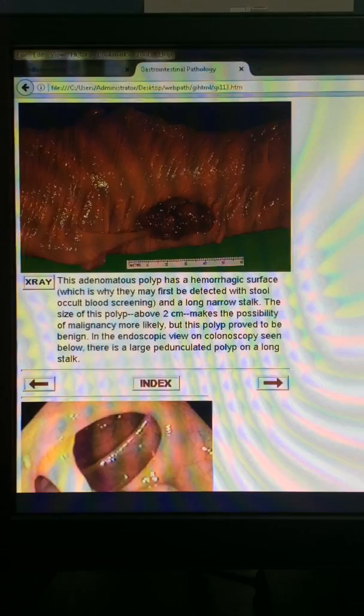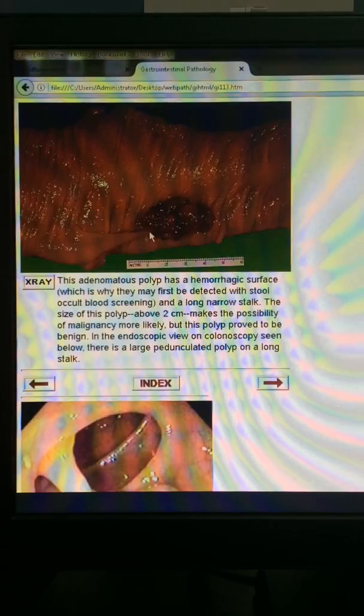This slide represents a gross appearance of a colon polyp. As you know, polyp means finger-like projection into the lumen of the hollow organ. This polyp here has a stalk or pedicle.